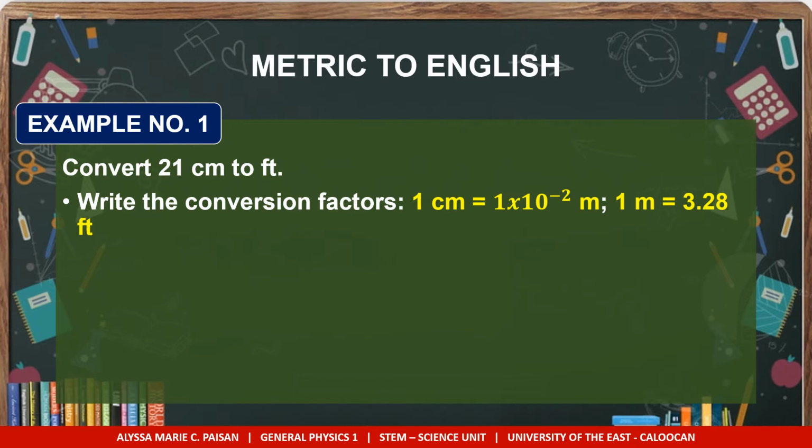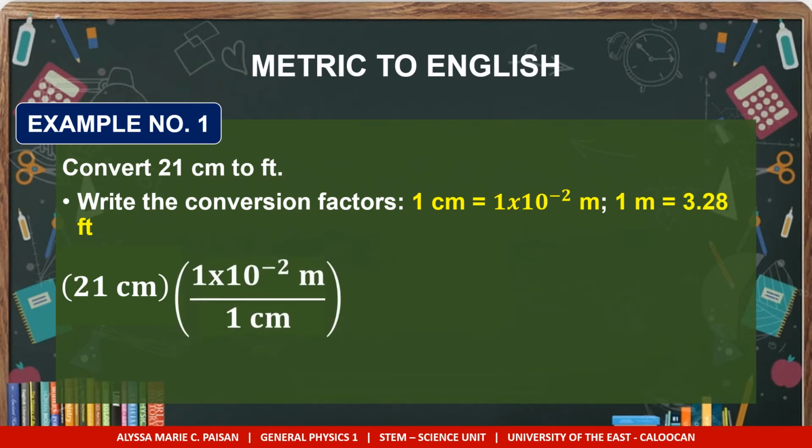Now let's go back to example number 1. For our solution, we will write 21 centimeters. Beside that, we will write the first conversion factor which must cancel the unit centimeter. That conversion factor is 1 times 10 raised to negative 2 meters over 1 centimeter. Now that the unit cm is cancelled, the next unit which needs to be cancelled is the meter.